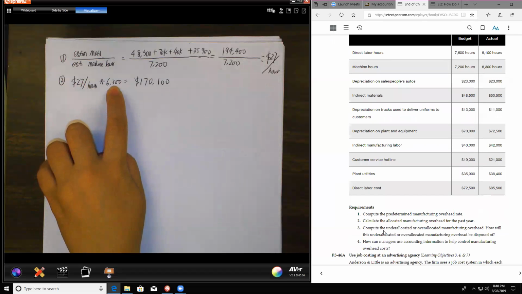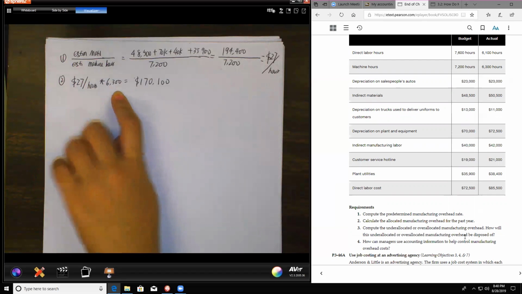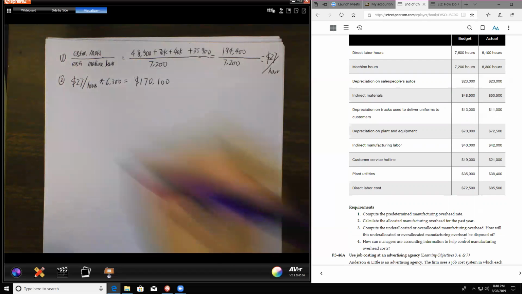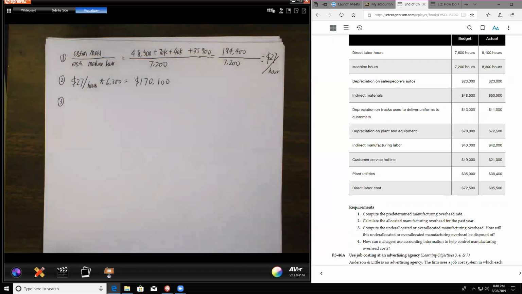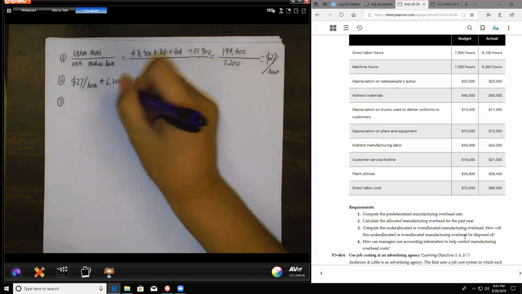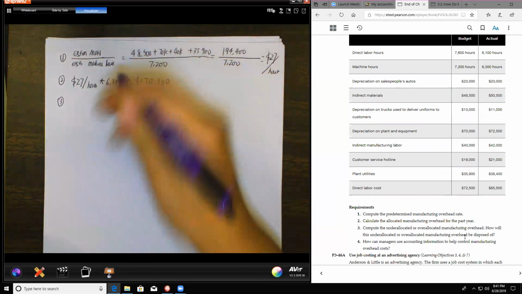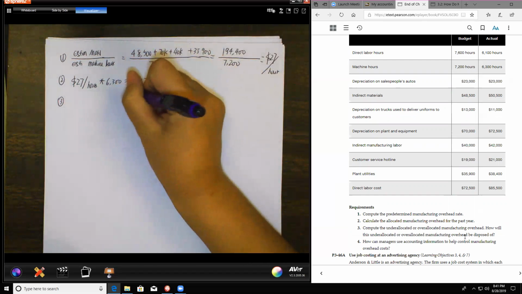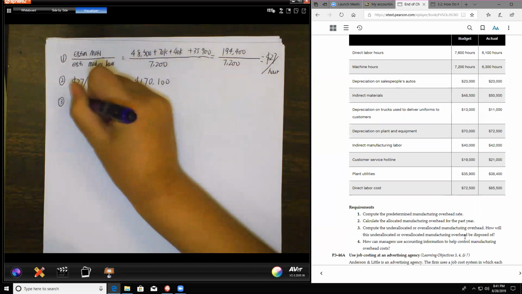Third one, compute the under-allocated or over-allocated amount, and how will this be disposed of? We want to get whether it's under-allocated or over-allocated. What I would suggest is to do a T account for manufacturing overhead.